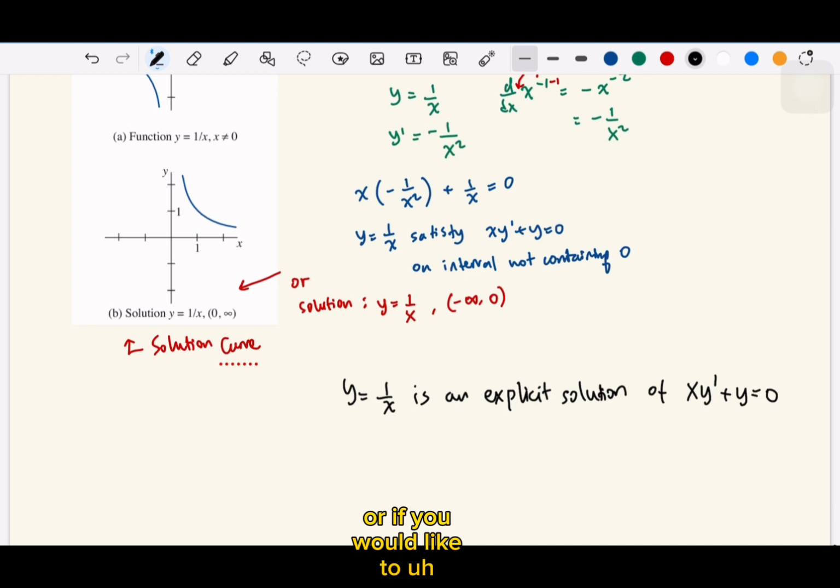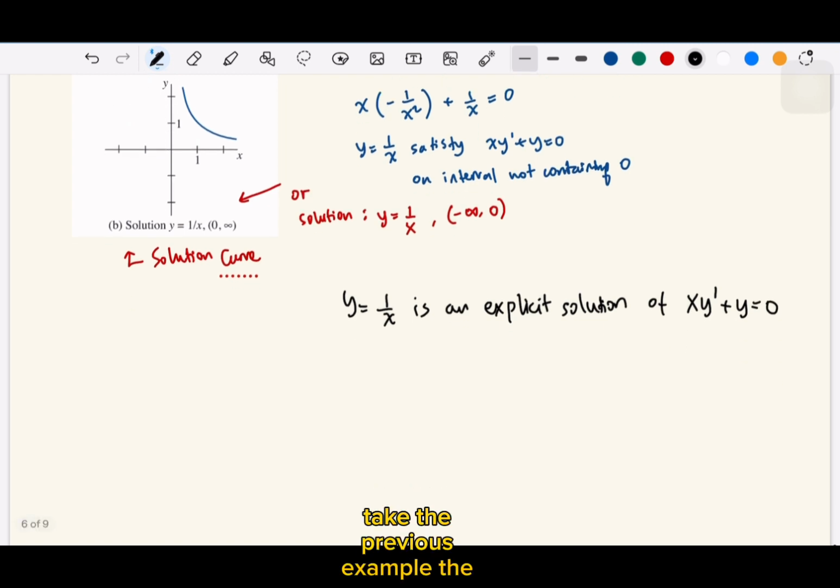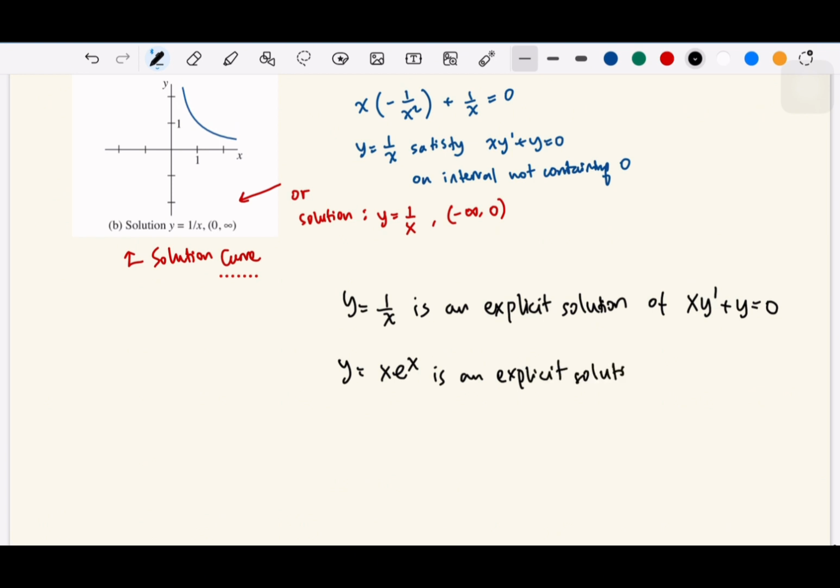Or if you would like to take the previous example, y equal e to the x is also an explicit solution of y double prime. Okay. And also the trivial solution, y equals 0, is also an explicit solution. So there will be explicit like this, and there will also be implicit.